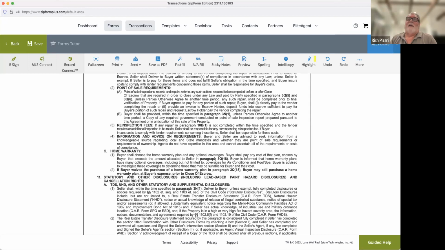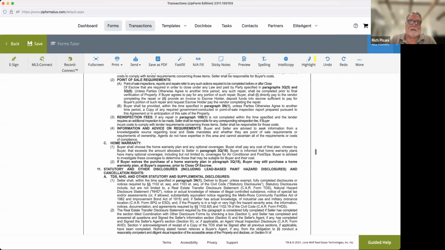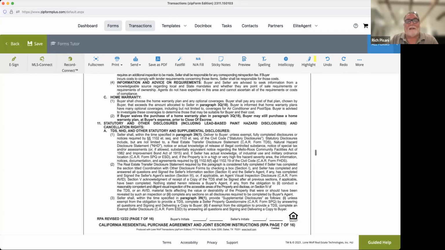So if they're not there at the time of the appraisal, that will be noted, and a lot of appraisers charge to come back to make sure that it's there. So the seller would be responsible for that reinspection. So that's why it should be done within 7 days of acceptance.